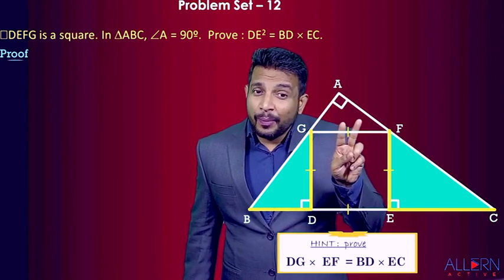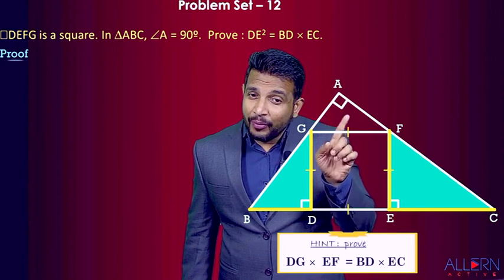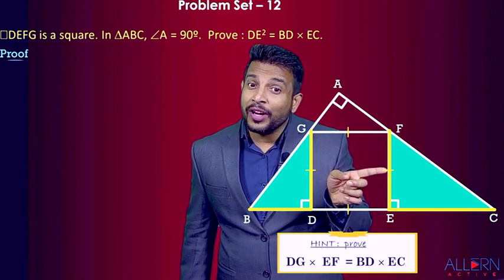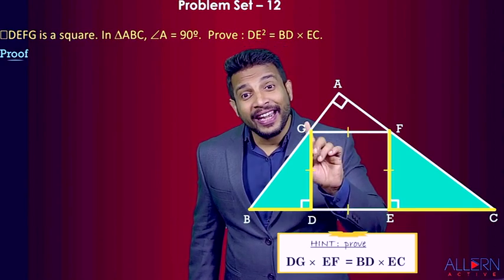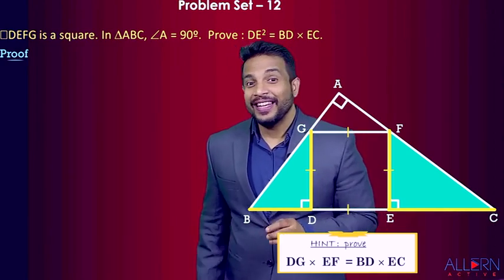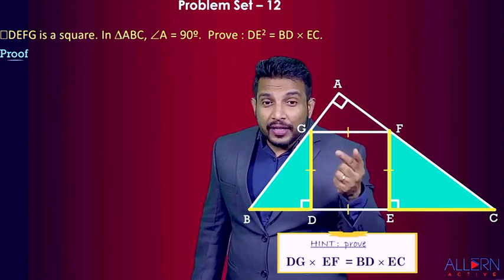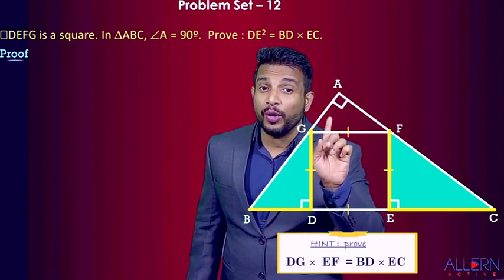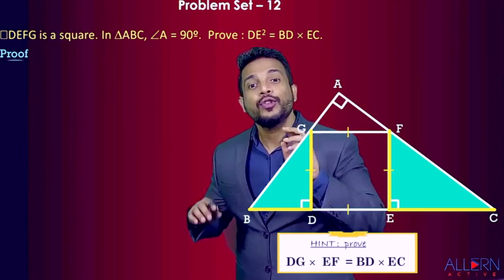This triangle will prove it similar to the first one here, and the same triangle will prove it similar to this one. So what happens? By the property of transitivity, we'll end up getting this triangle and this triangle similar. Isn't that interesting? So our objective is very clear. We want this triangle AGF similar to this first triangle. Then we want to prove this triangle similar to the next triangle, and then get this. Is that clear? So let's do that.